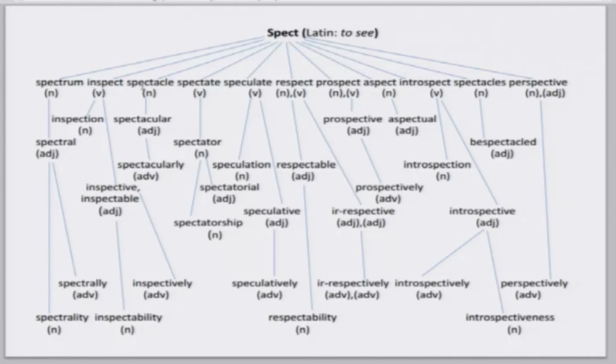So spectacle is here and spectacles is here. Read some of them in the leftmost branches. Spectral, inspection. When you cover the branches, cover them till depth. Spectral, spectrally, spectrality. From inspect: inspection, inspective, inspectable, inspectability, and so on. So lots of them.